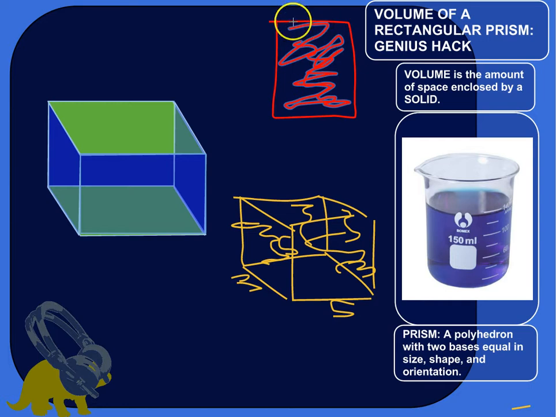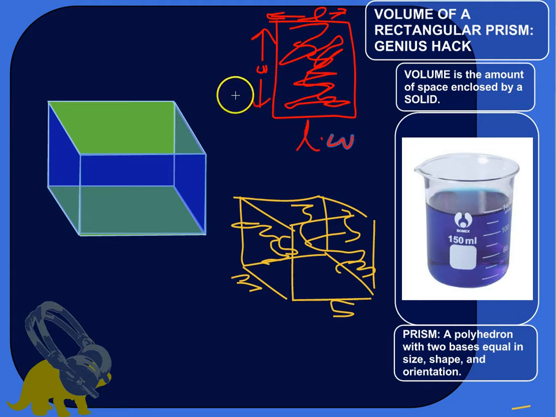For a rectangle, we call this its length and this its width. So the amount of space enclosed by this rectangle is just length times width.